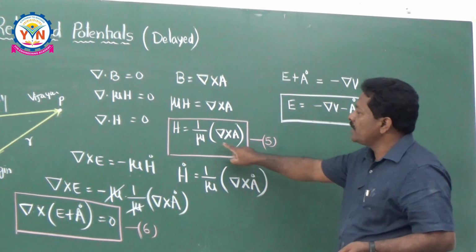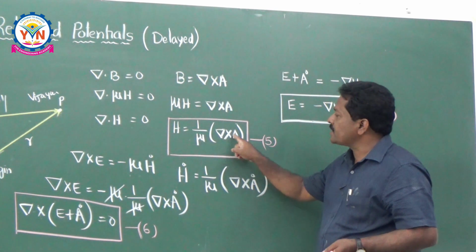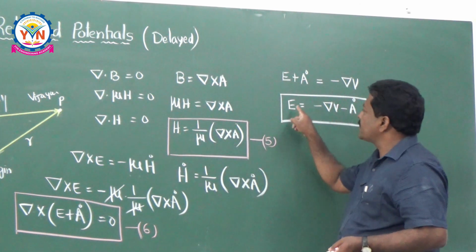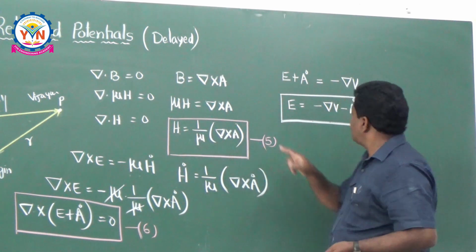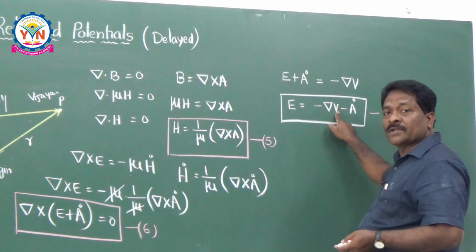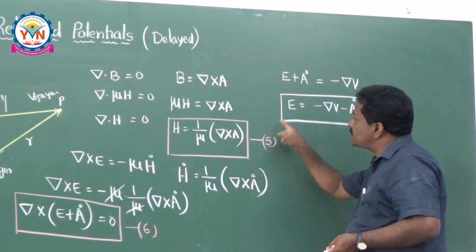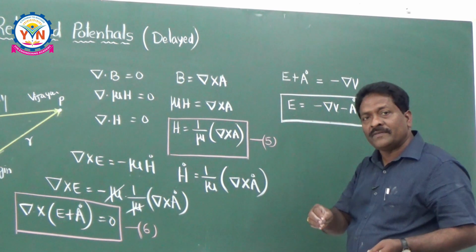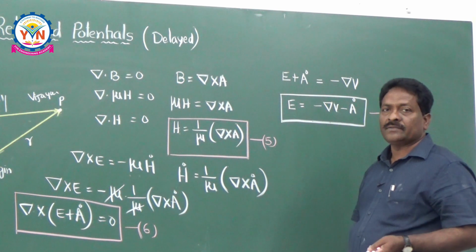And here also H is equal to 1 by mu of del cross A. H and E are the fields, and A and V are the potentials. So these two equations tell us about the relations between the fields and potentials.